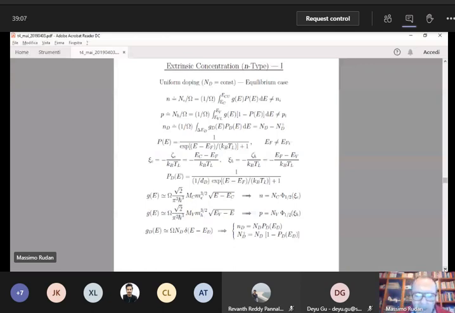Okay, we already understood this from the figures, okay? So instead of using the suffix Ni that indicates the intrinsic case, we shall not use any suffix, okay?